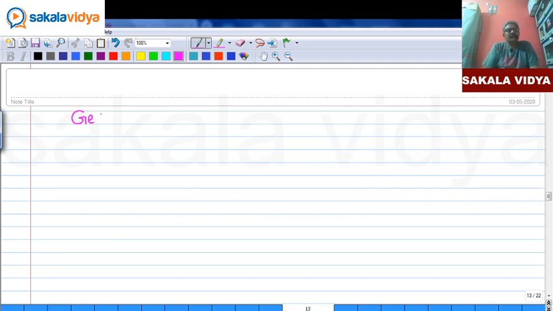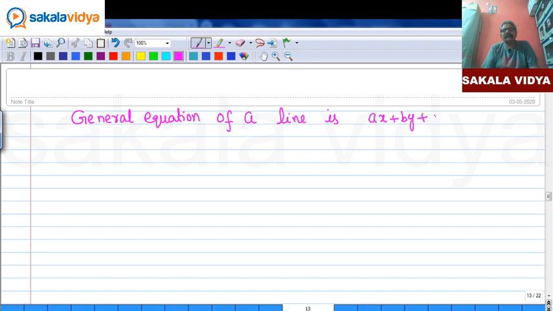So, the general equation of a straight line. General equation of a line is ax plus by plus c is equal to 0.